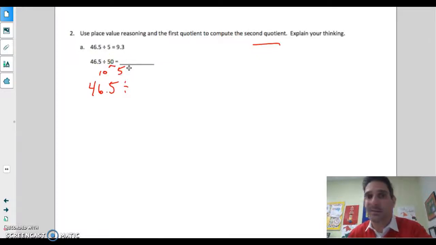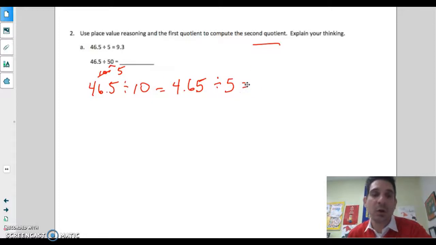Makes sense, right? Let's divide by 10 first. The digits shift one place, so it's 4.65, or 465 hundredths. Now I got rid of that 10, so I do 465 hundredths divided by 5.